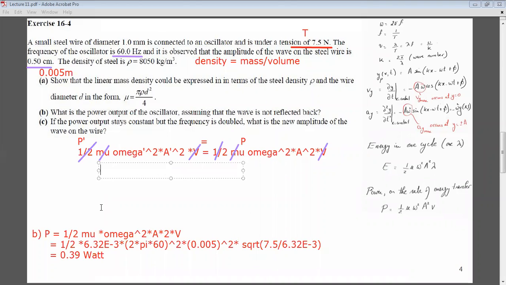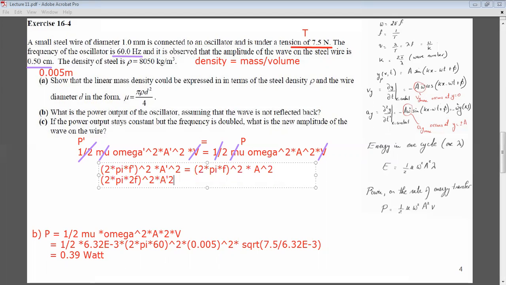And it's telling me that this is 2 times pi times f prime, all of it squared, times A prime squared, is equal to omega squared times A squared. Okay, instead of omega, I will put 2 pi f. And now I will come here and I will put 2 times pi times f prime is 2f because they said it is doubled. Okay, so times A prime squared.